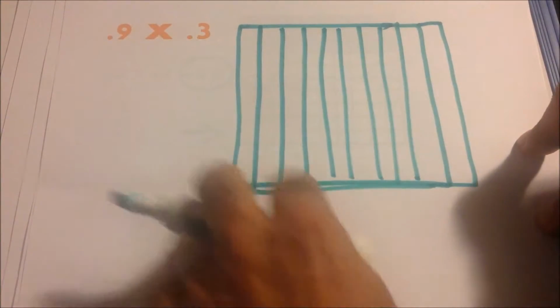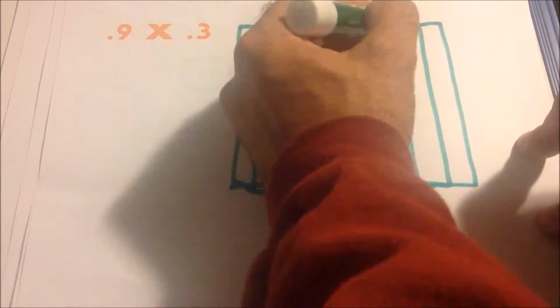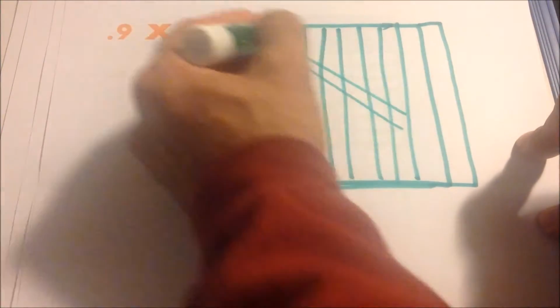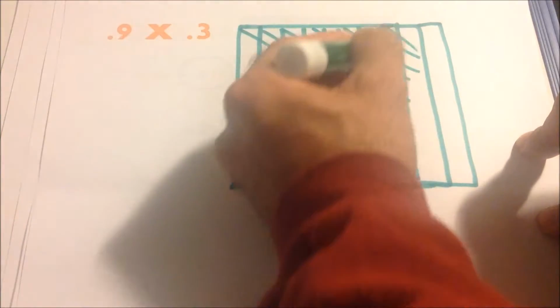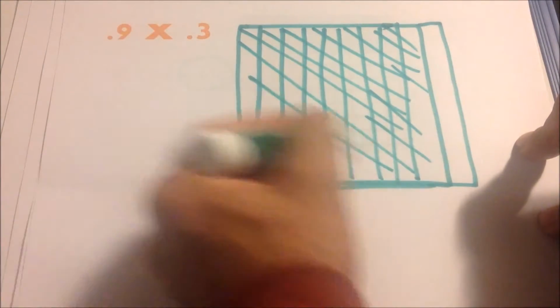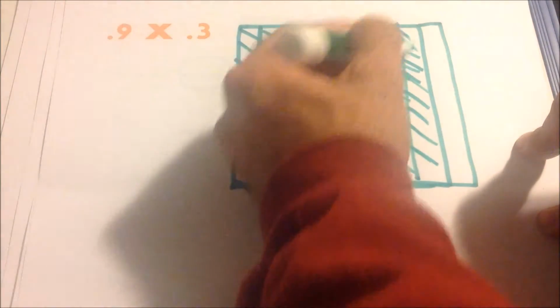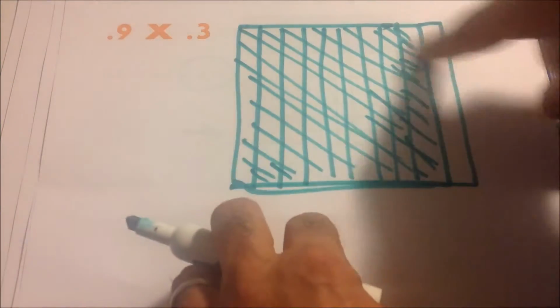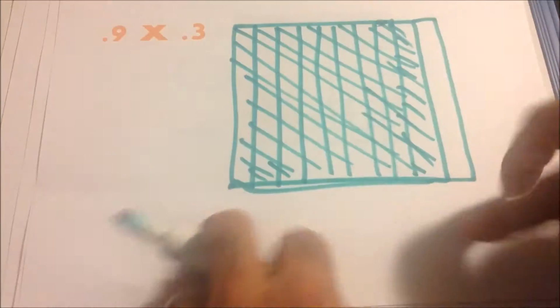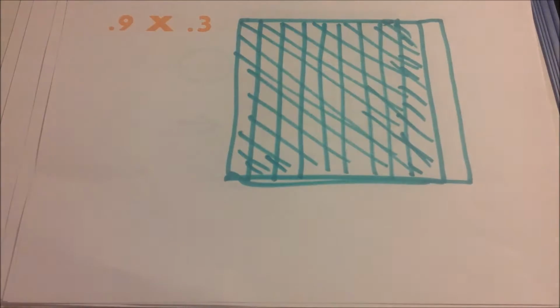And we want to shade in 0.9, 9 of them. So all of these, all the way up to here, will be shaded green, because this is 9 out of 10 that are green. So this represents 9/10. Now to represent 3/10, what do you think we have to do?